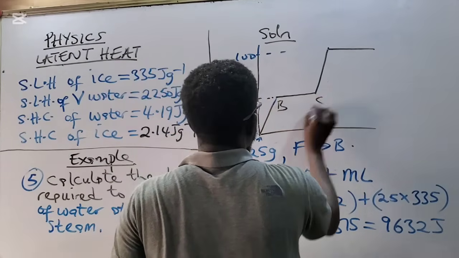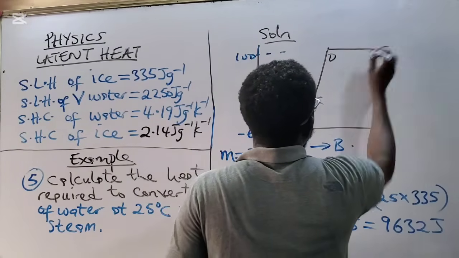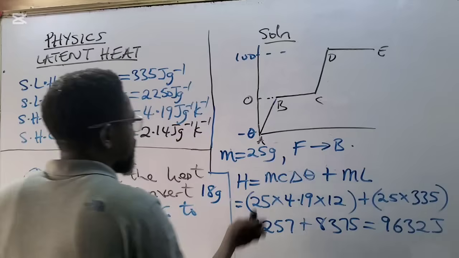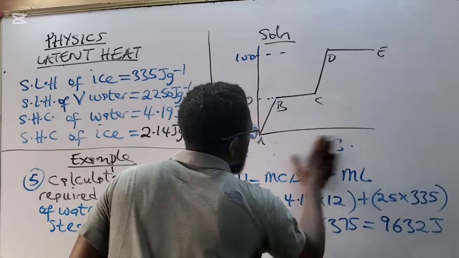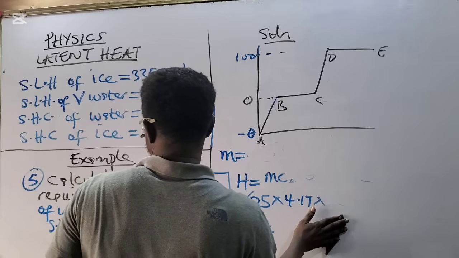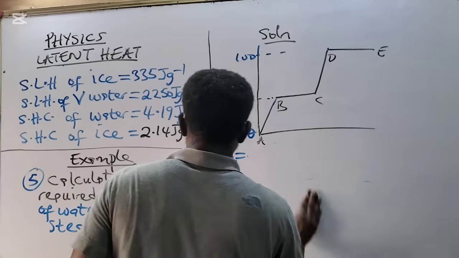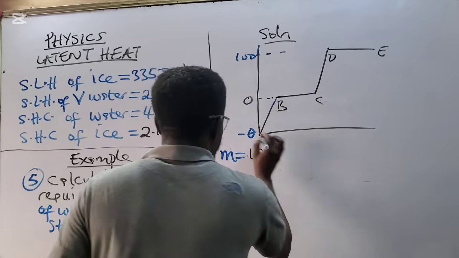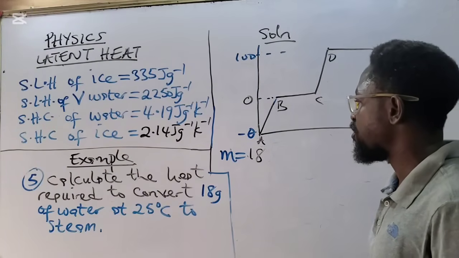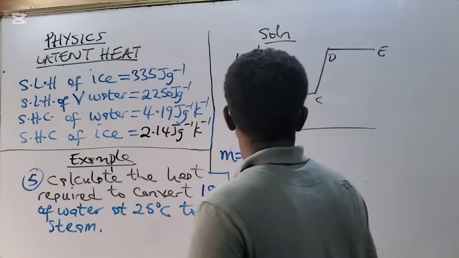Point B, C, there's point A, C, D, and point E. Now, this time around, the mass of water is given as what? 18. Because the question requires us to convert 18 grams of water at 25 degrees C to steam. So the initial temperature of water is 25.